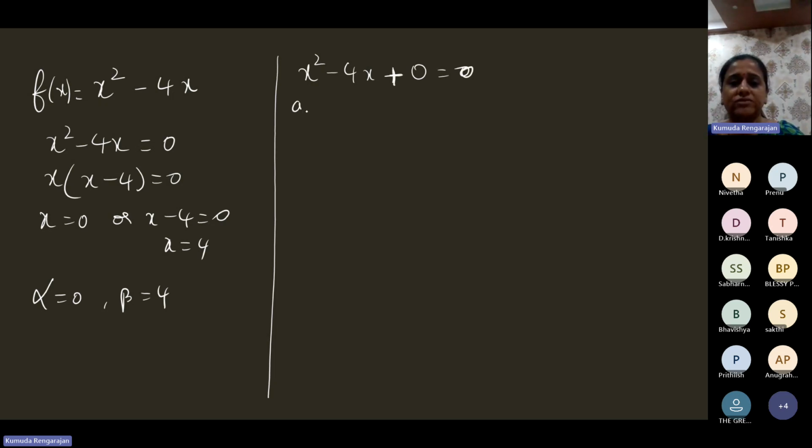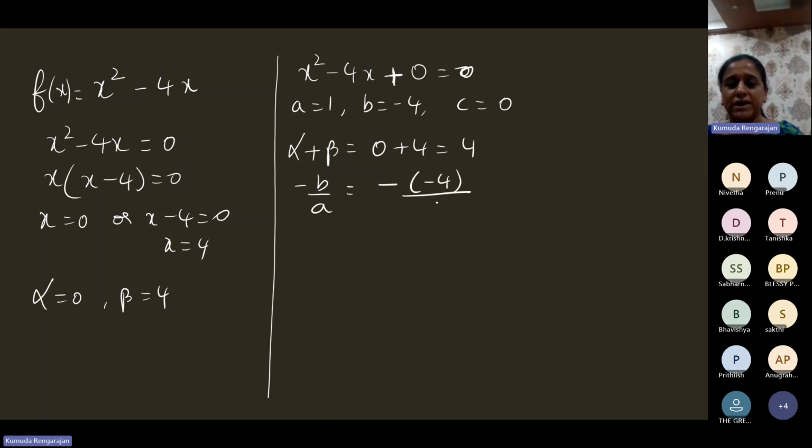So the value of a is 1, the value of b is minus 4, and the value of c is 0. Now alpha plus beta is 0 plus 4, which is 4. Minus b by a is equal to minus of minus 4 by 1, which is 4. So therefore, alpha plus beta is equal to minus b by a.